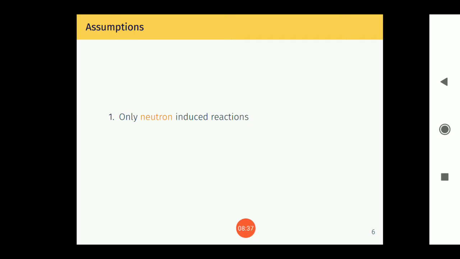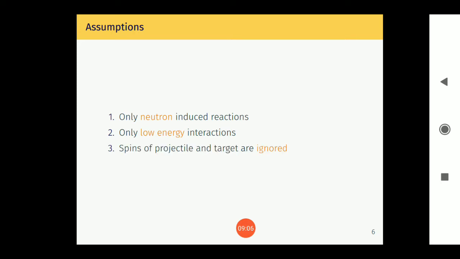Only neutron induced reactions means only nuclear interaction will be present here, because neutron is a neutral particle and therefore Coulomb interactions will be absent. Only low energy interactions will be studied initially here. Low energy means only the lowest possible partial wave will be included in the interaction, and that is L equals 0, S wave interactions will be considered here.